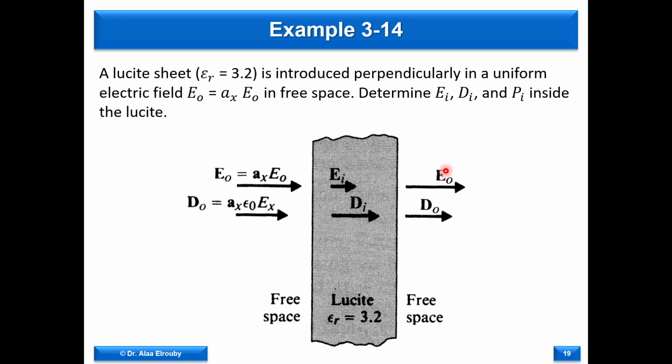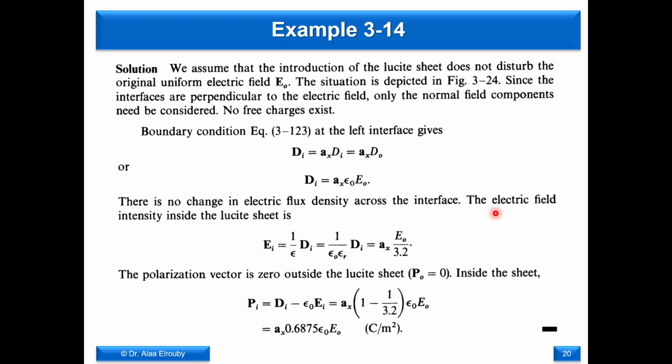From D_out we can find E naught, and we can find polarization. If this is free space, we'll find that D naught equals D naught, E naught equals E naught, P naught equals what? Equal 0, because it's free space, no polarization.